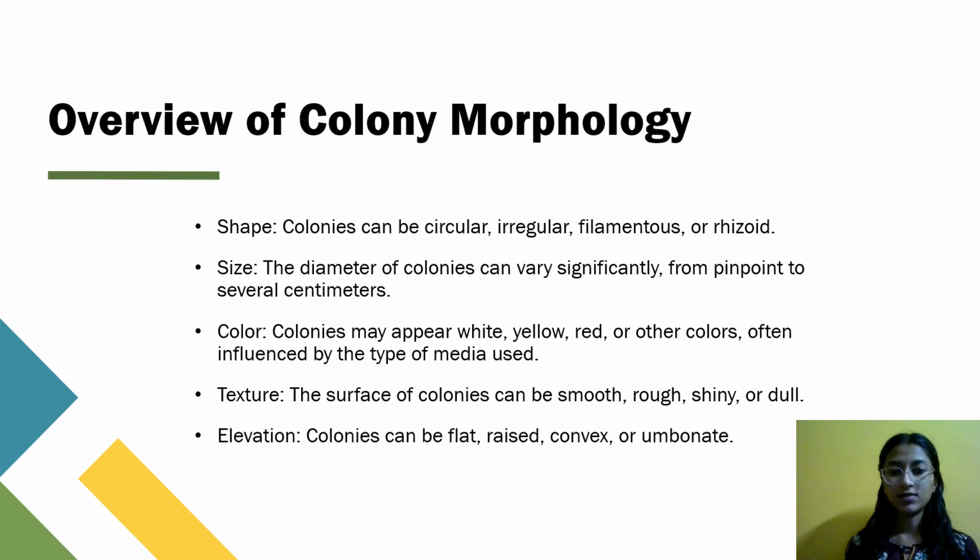The colors may appear white, yellow, red, or other colors, often influenced by the type of media being used. The texture can be smooth, rough, shiny, or dull. And elevation: colonies can be flat, raised, convex, or umbonate.